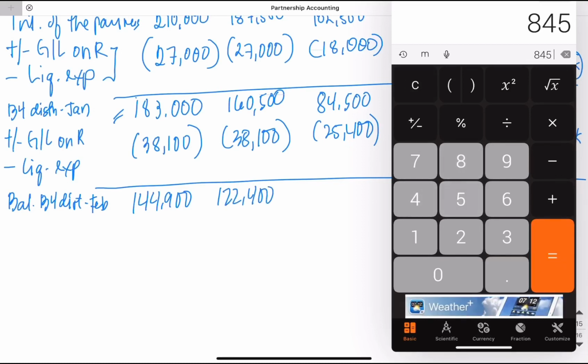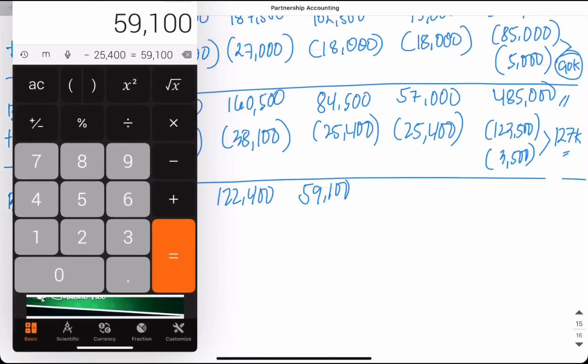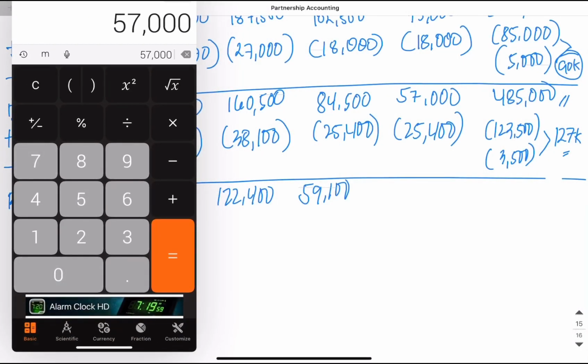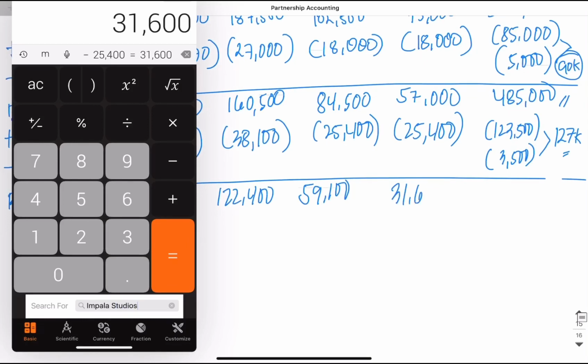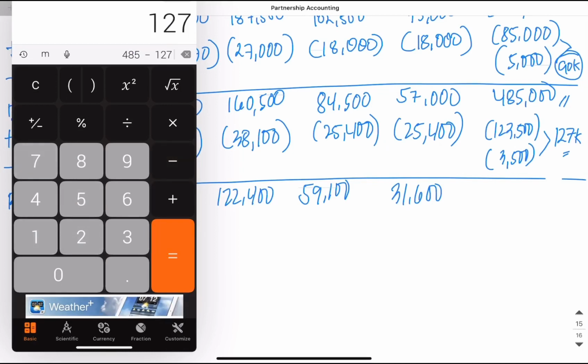For Albert, 84,500 less 25,400, so we have 59,100. And lastly, 57,000 minus 25,400, so for Kath we have 31,600. We can also get the total: 485,000 minus 127,000, so we have 358,000.